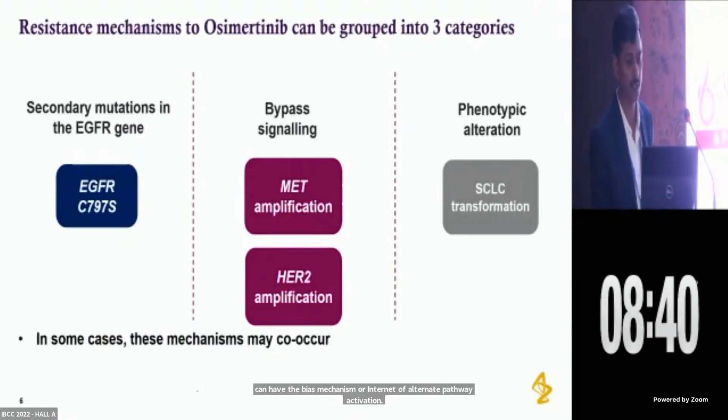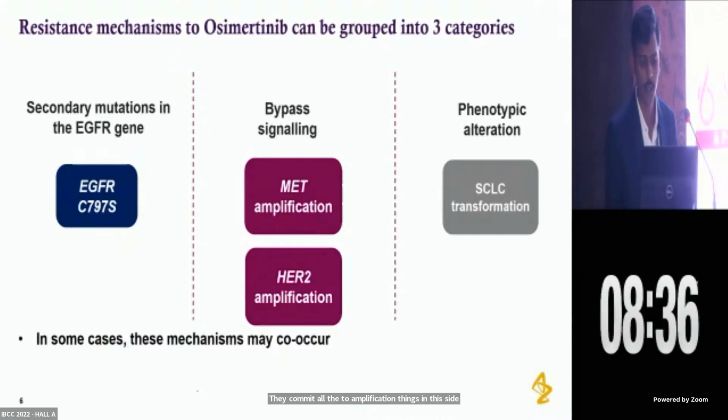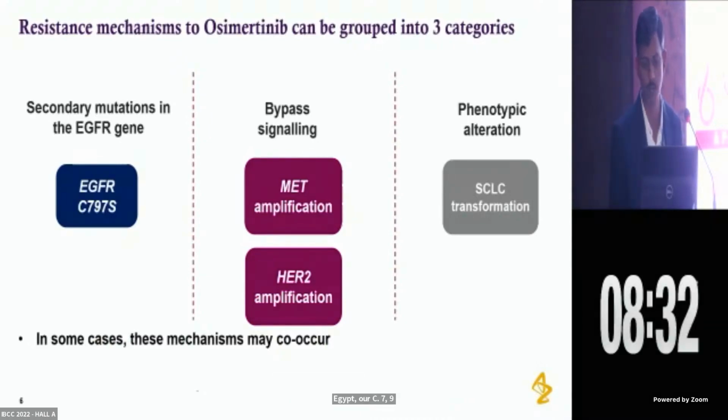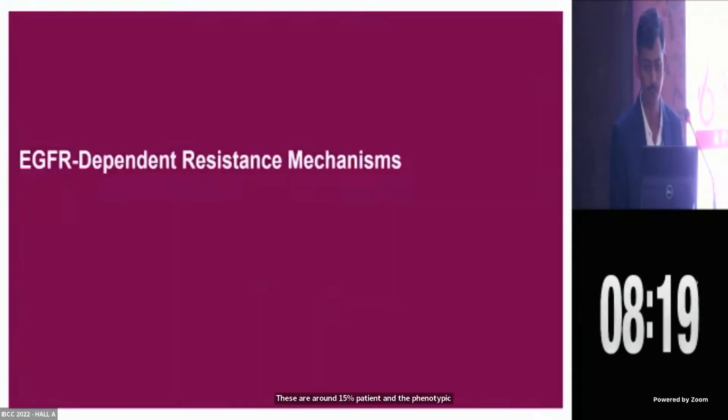So in this slide we are showing the secondary mutation of osimertinib, the most common being the EGFR C797S mutation. This is the most common mutation in EGFR, but the other bypass signaling developed is MET amplification and HER2 amplification. These are around 15% of patients, and the phenotypic transformation to small cell carcinoma.